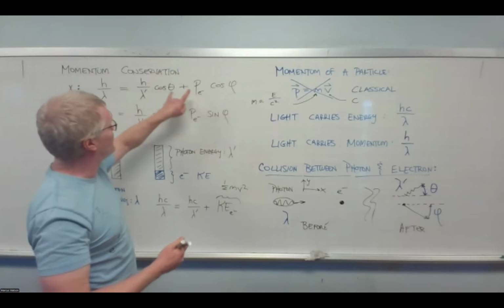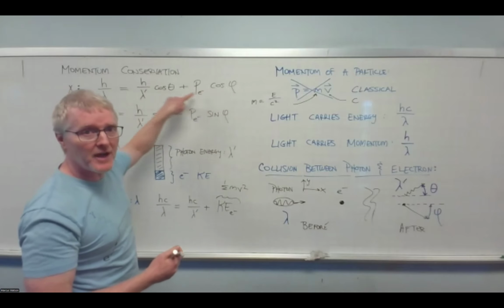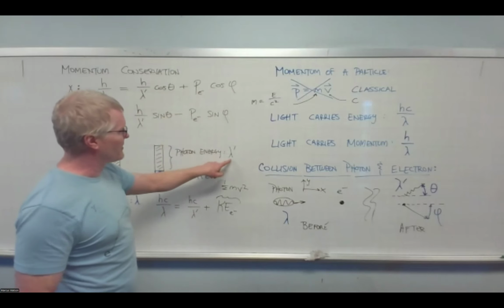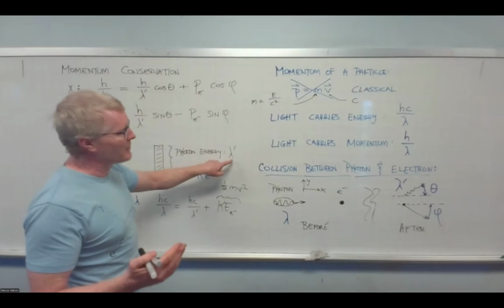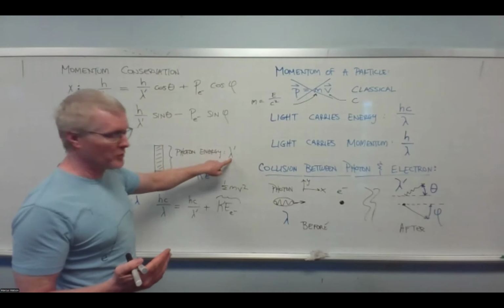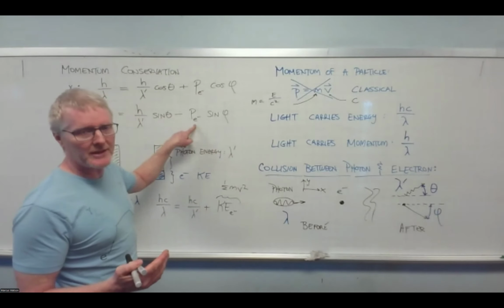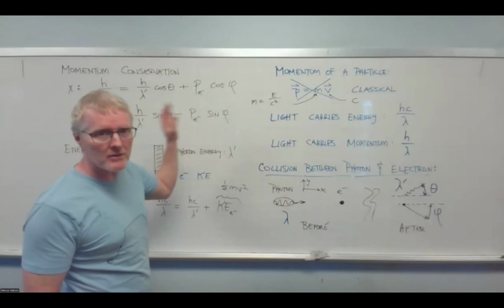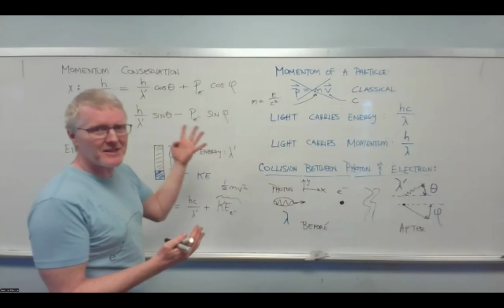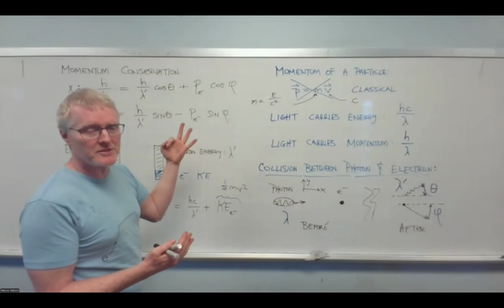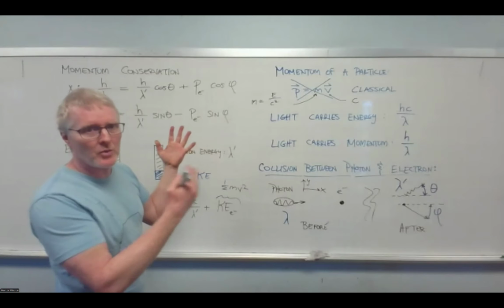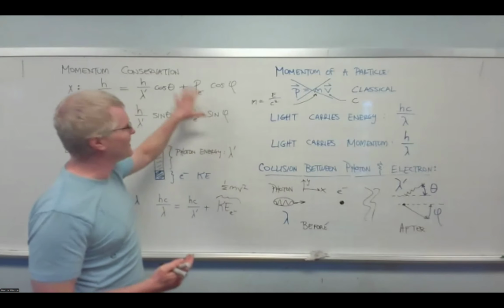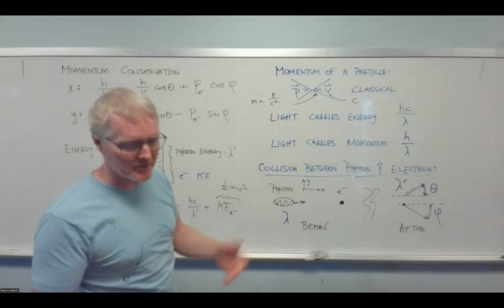These angles are not known, theta and phi, we don't know. We either know the wavelength of the outgoing photon or we know the speed of the outgoing electron. We've got to know one of those in order to find the other one. Or we measure an angle and we don't know the other one. There are basically 4 unknowns here and we have 3 equations. So we need to know at least one of these 4 unknowns so that we can solve.